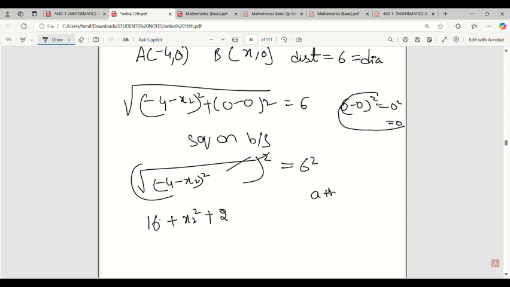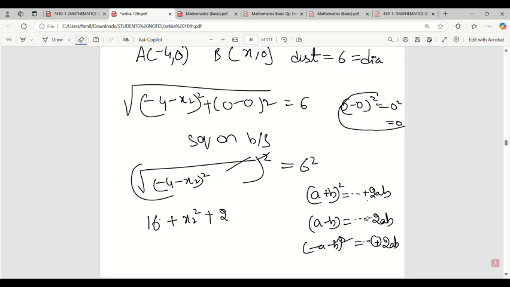If we have a plus b whole square, at last we take plus 2ab. If we have a minus b whole square, at last we take minus 2ab. If we have minus a minus b whole square, the sign is the same, so you'll get plus 2ab. I'm talking about the sign at the last. The middle terms are in all of them only.